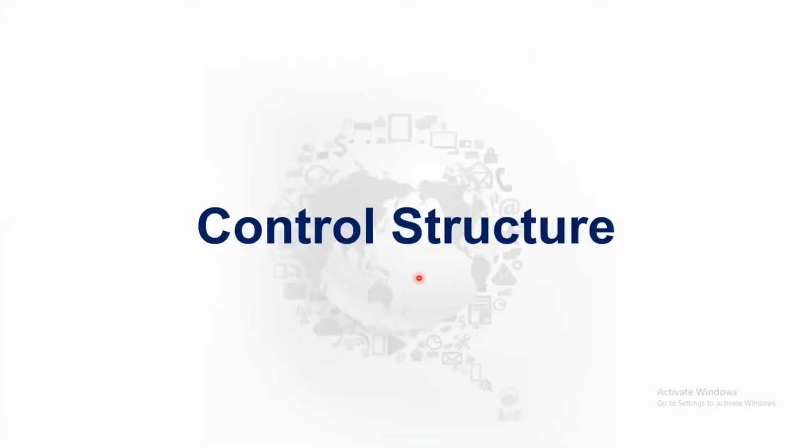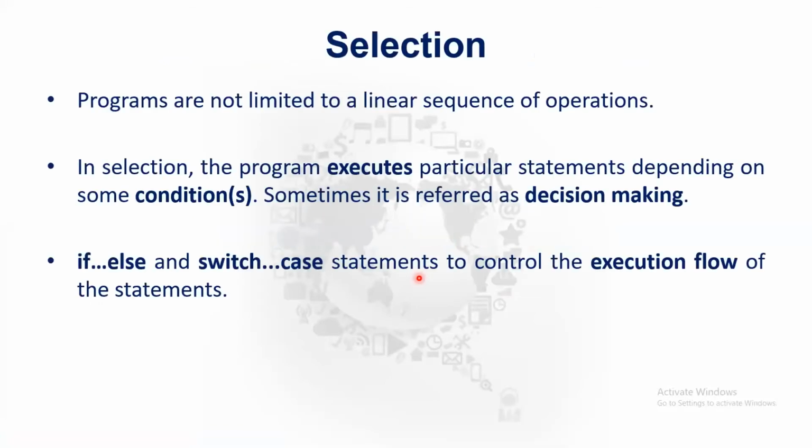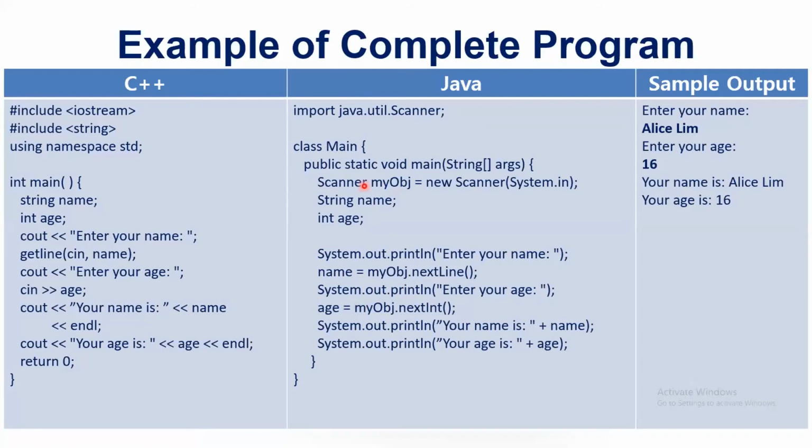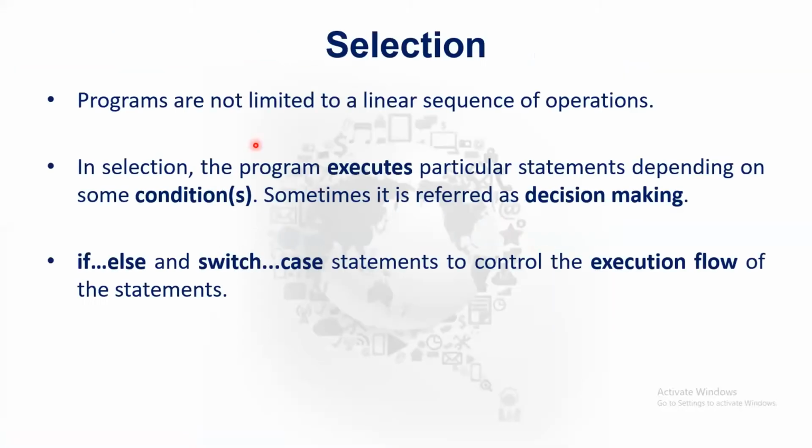Okay, so next we go to the control structure. What is a control structure needed for? The examples that we showed you previously were in sequence, meaning one line after another, with no decisions being made.